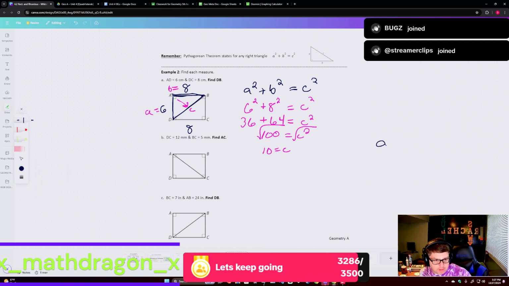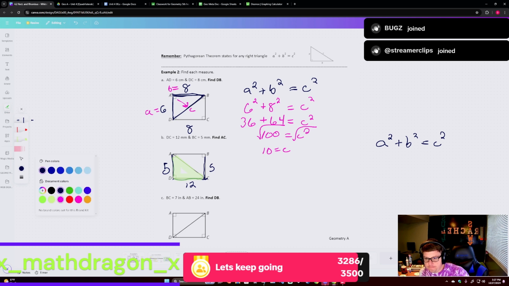Now, do that same thing here. a squared plus b squared equals c squared. I know DC, it says, is 12. BC is 5. And once again, that means AD is 5. So take this triangle. And I have c again, is what I'm solving for.